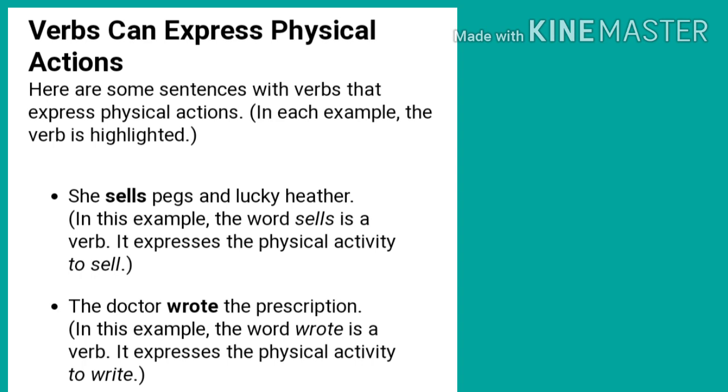That means she sells. Selling is a physical action. And the doctor wrote. Wrote is also a physical action. Thus, we can say that these are the verbs which express physical actions.